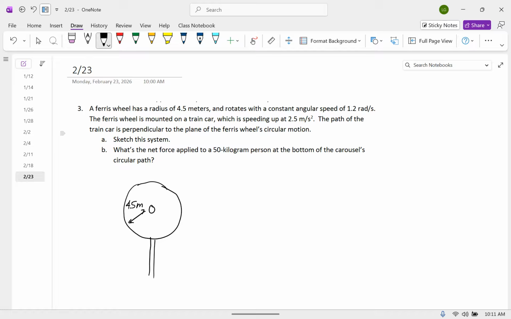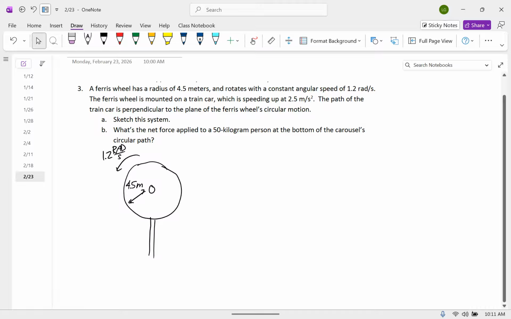It doesn't tell us which direction it's rotating, I guess. I'll make it go counterclockwise. Since it's constant, there's no angular acceleration. And it's mounted to a train car. The path of the train car is perpendicular to the plane of the Ferris wheel's circular motion.